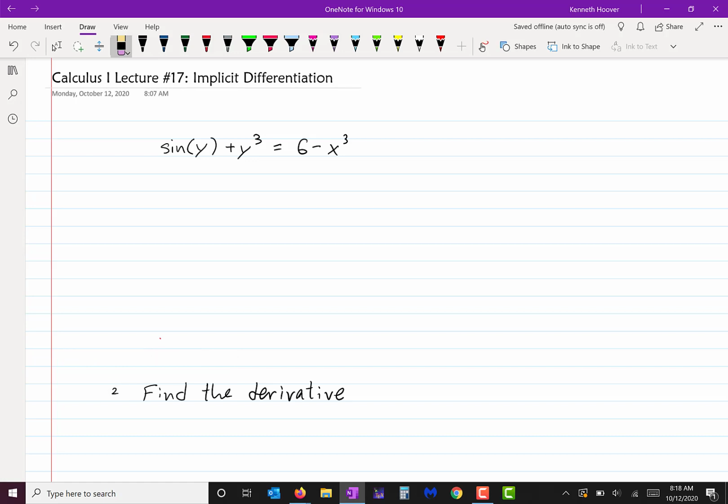Okay? Meaning that we're not going to solve for y first. We are going to do the calculus on the equation exactly as the equation stands right now. The only thing you have to know is how to do derivatives, and you need to remember the chain rule. That's going to come into effect, the chain rule, many times here.